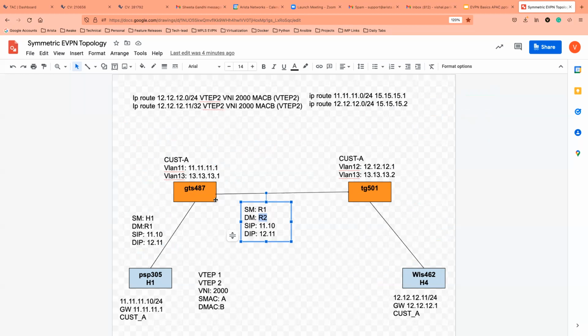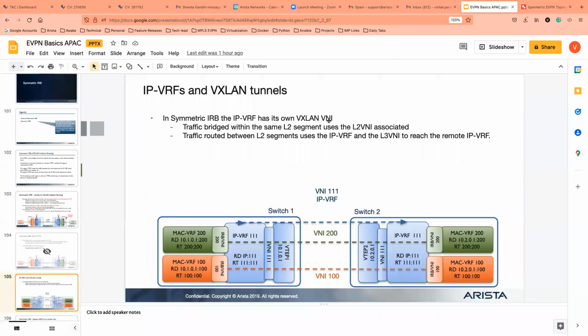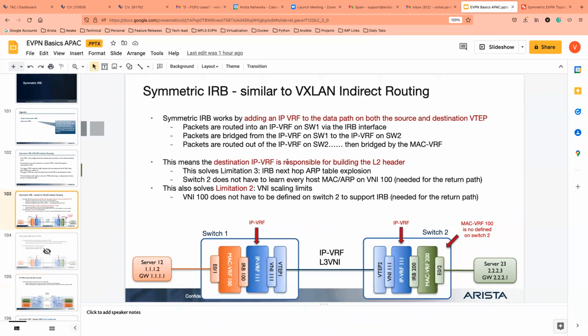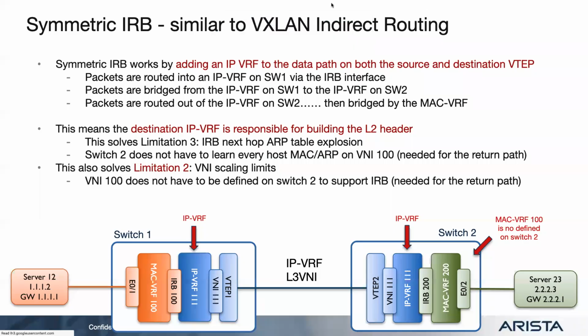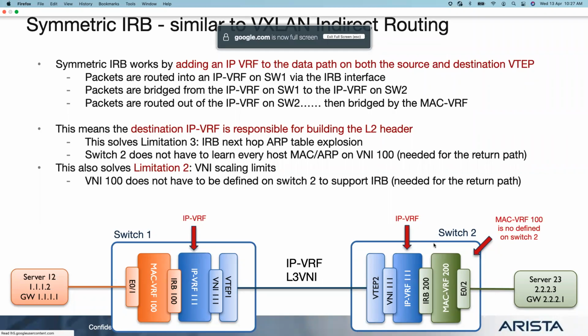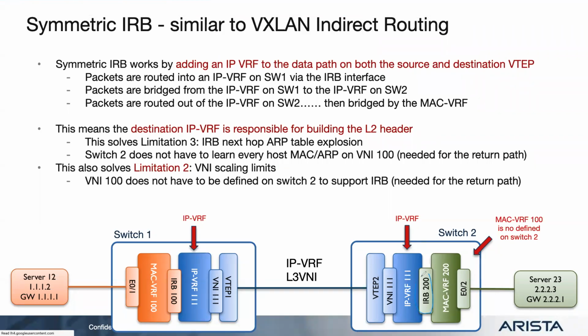Good for me. Okay. So that's the advantage of symmetric IRB, that you don't need to learn the MAC address. And similarly, you don't have to configure VLAN to VNI mapping for a VLAN which is not present on your VTEP. So if you don't have the SVI for VLAN 200 present on this VTEP, you don't have to configure VLAN to VNI mapping for VLAN 200 on this VTEP.